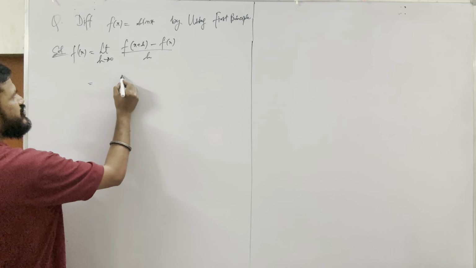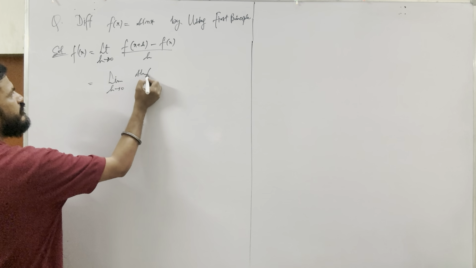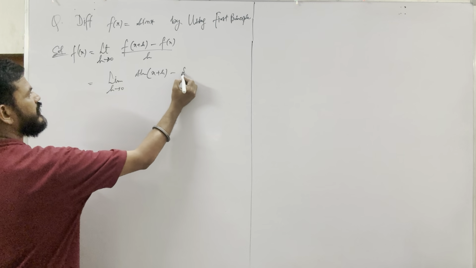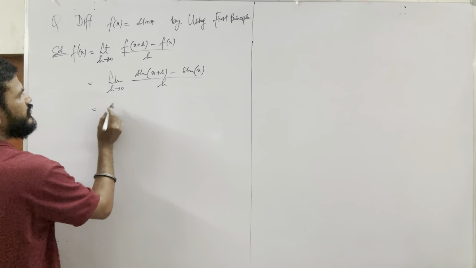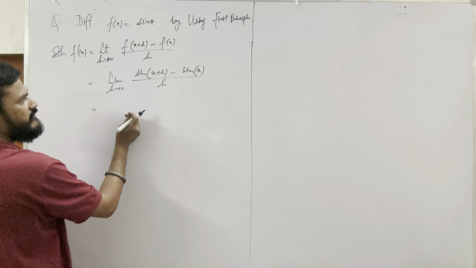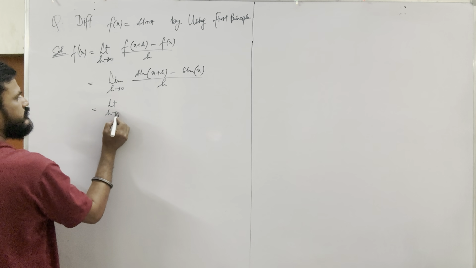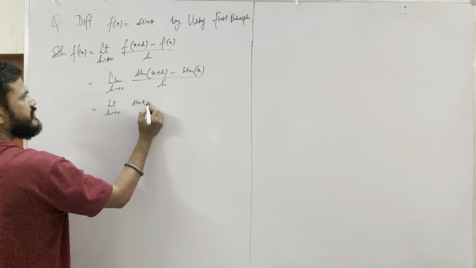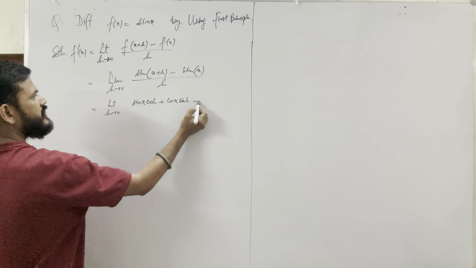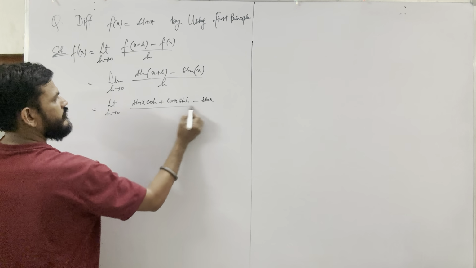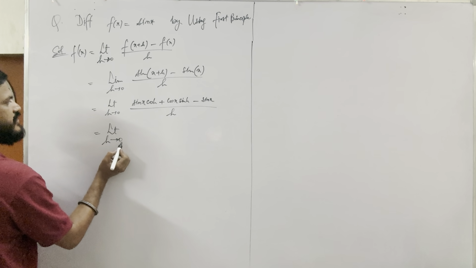Now f of x plus h will be limit h tends to 0, sine of x plus h minus sine of x divided by h. Now I will expand sine of x plus h, so we'll get sin x cos h plus cos x sin h minus sin x divided by h, limit h tends to 0.